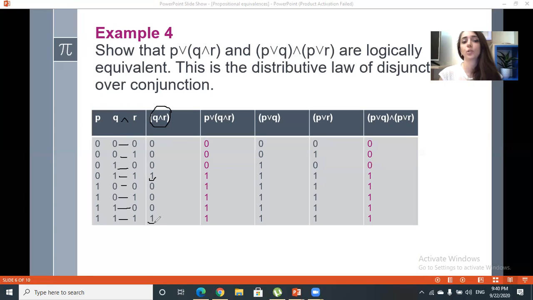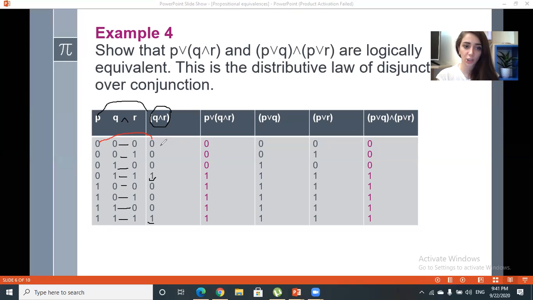So this is our first operation. What about the second? We want to find the disjunction of P with the conjunction. Let me change the color and continue. We want to find the connection between these two operands. So 0, 0 is 0.